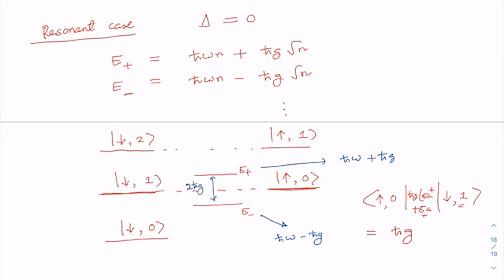Similarly, you can show that these energy states are getting split into two parts, E plus and E minus, with corresponding energies, and this splitting, if you work it out, you will get as 2 into square root of 2 ħg.